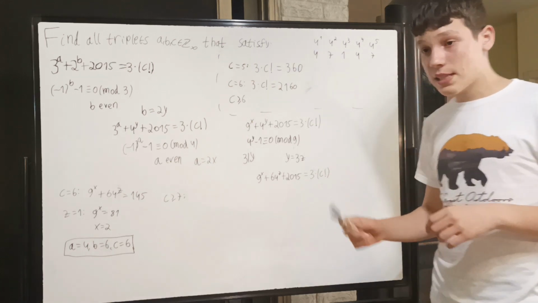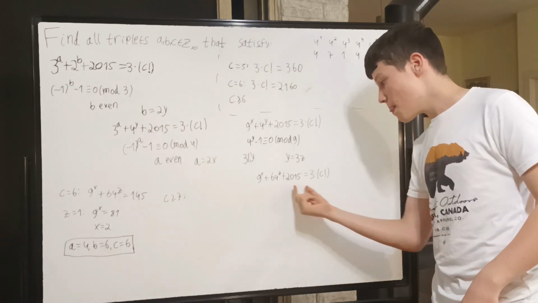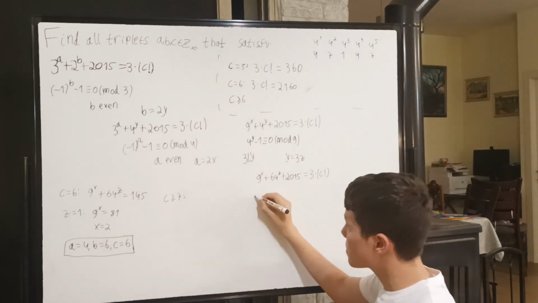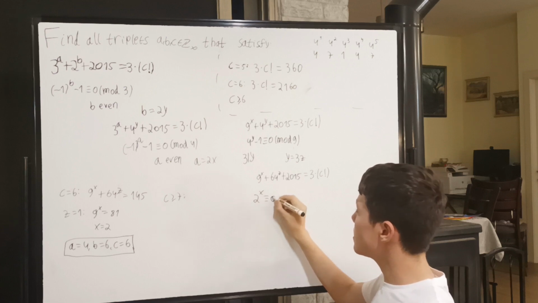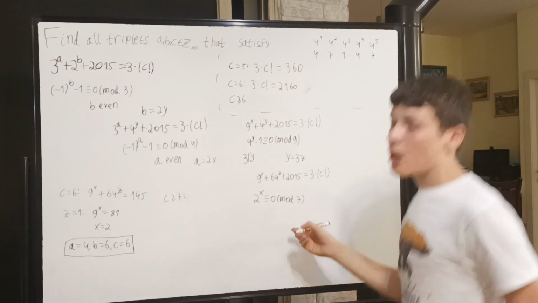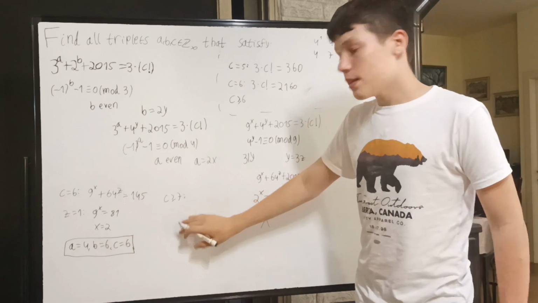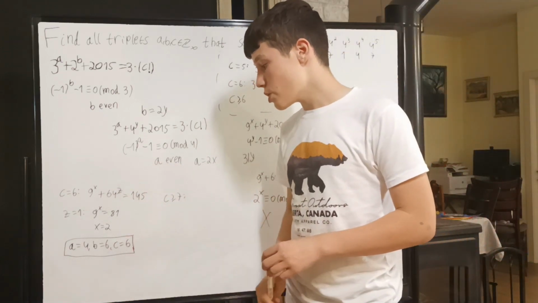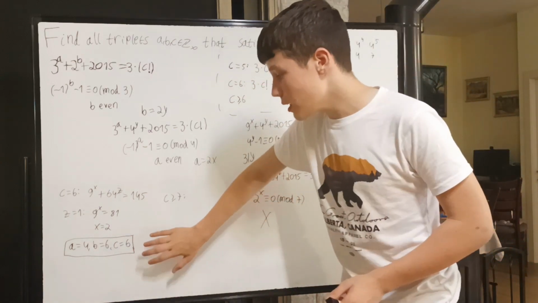And 2015 is negative 1 mod 7. So we'll have plus 1, minus 1, 0. And 9 to the x is 2 to the x mod 7. So we'll have 2 to the x is congruent to 0 mod 7, which is obviously incorrect. So C cannot be bigger than or equal to 7. And for C equals 6, we only have one solution. And so all in all, this is the only solution.